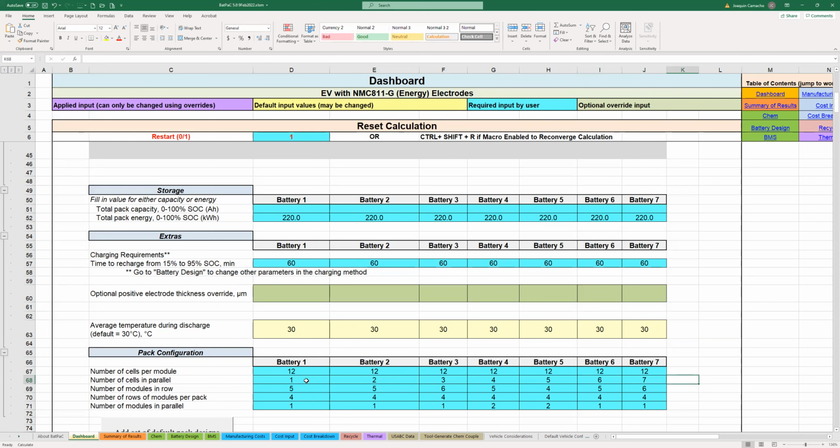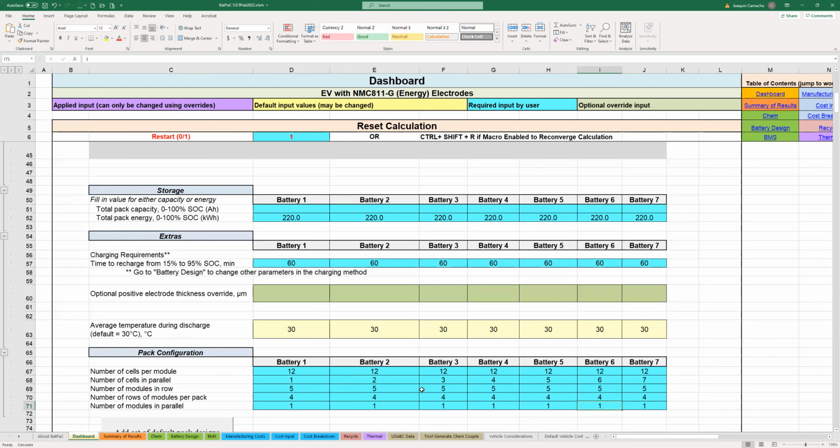Control Shift R. And let's all keep this at five columns of modules. Five columns, 4 rows, and 1 module per pack.